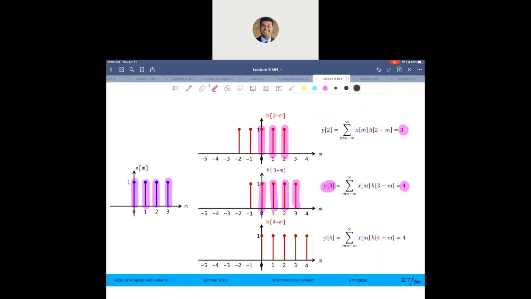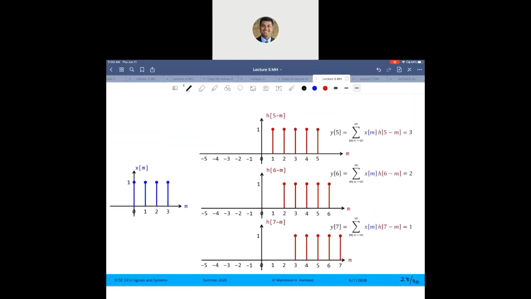When you move one more to the right to evaluate y of 4, because h of n has 5 ones, only 4 of them can overlap at a time. So over here, these 4 will overlap with these 4, but the last one doesn't overlap. So you still get 4 here.